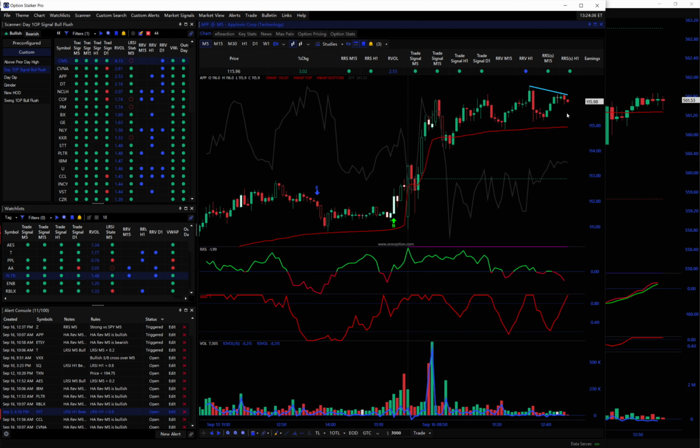I try to be a little bit more strict about how I enter the trade versus something like a swing trade where I am willing to give the trade more time to work out because I have longer term strength and so forth to work with. But when I'm day trading, I don't have that luxury of longer term strength. I'm just, of course, using the longer term chart to tell me, do we have a technical breakout on heavy volume and relative strength?